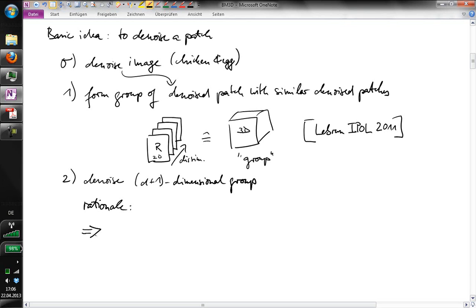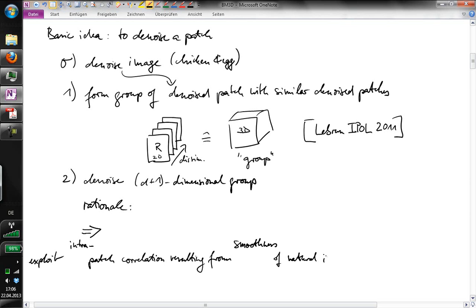The idea is to exploit the intra-patch correlation resulting from the smoothness of natural images. Note my funny layout, yeah, there will be more words.